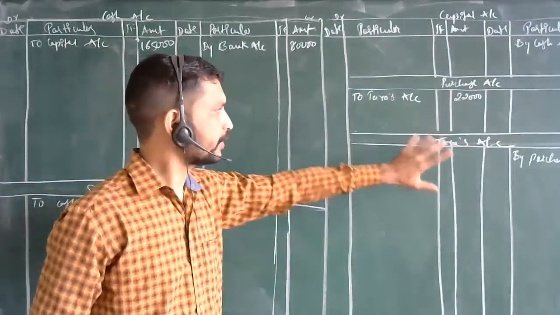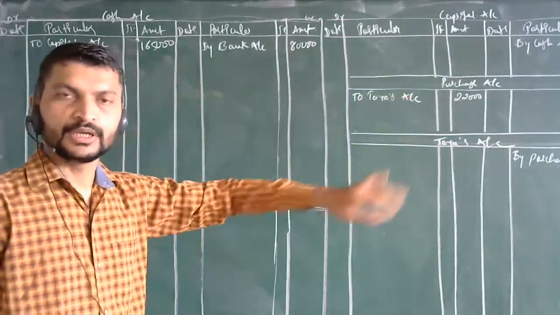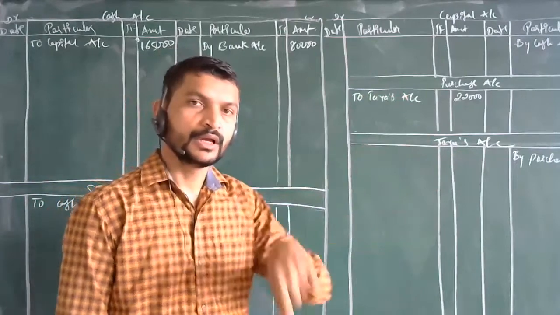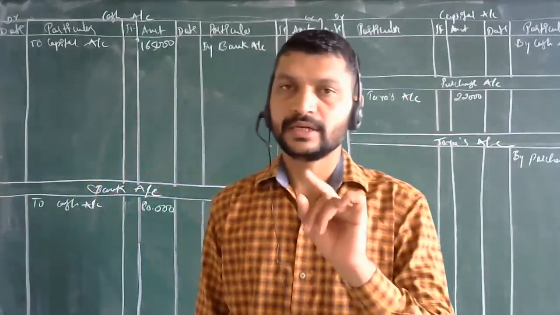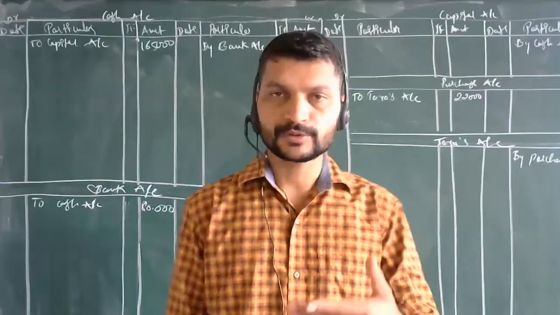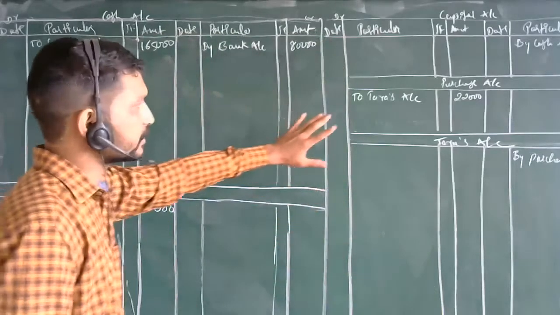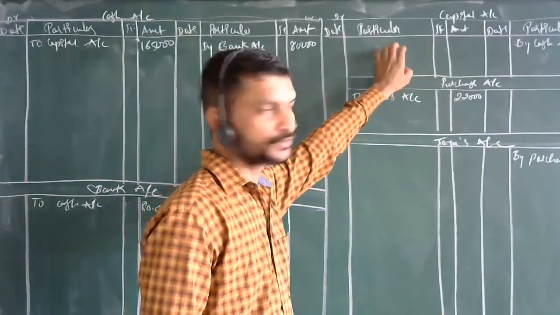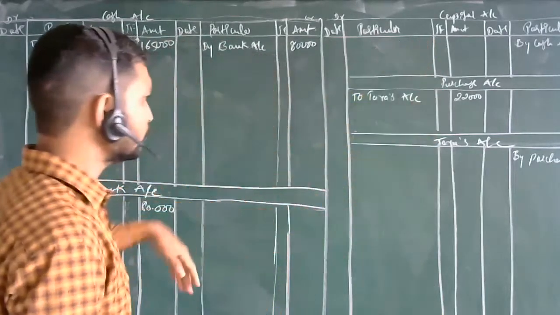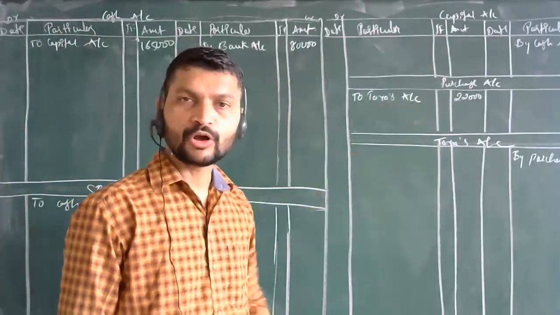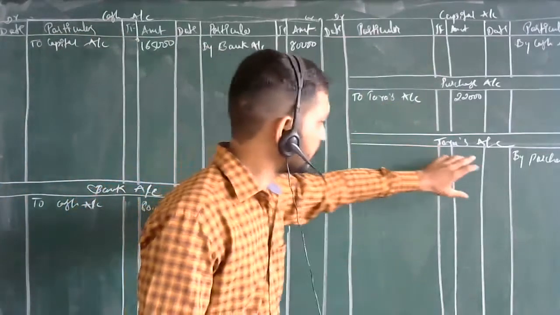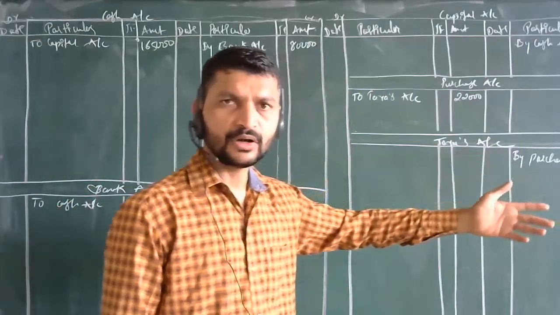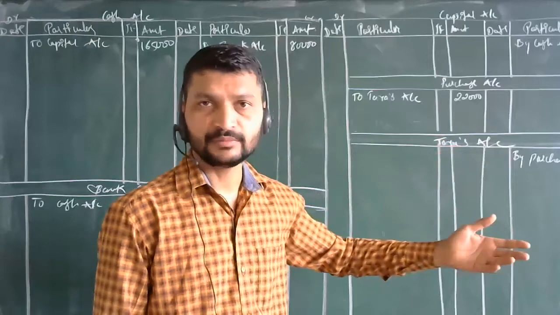Two accounts we are opening individually. Now in future, for what purpose are you removing these accounts? It is very easy to understand. When you are going to see this capital, how much capital you have brought, the total information will be there in this account. Then coming to the purchases, how much goods you have purchased from any of the traders, it may be from Tara or even other names may be coming.